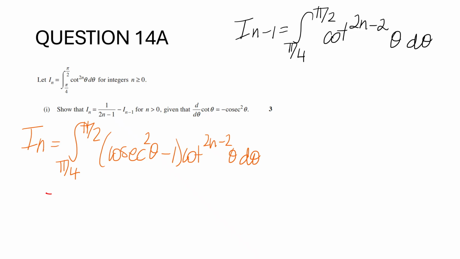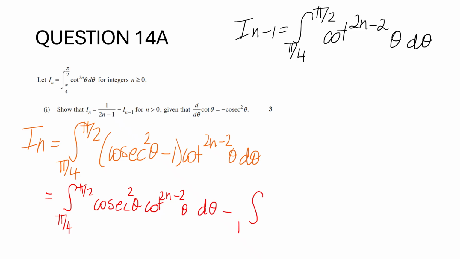Expanding the brackets, we get the integral between pi on 4 and pi on 2 of cosec squared theta cot theta to the power of 2n minus 2 d theta, take away the integral between pi on 4 and pi on 2 of cot 2n minus 2 theta d theta, and this of course is I_(n-1).